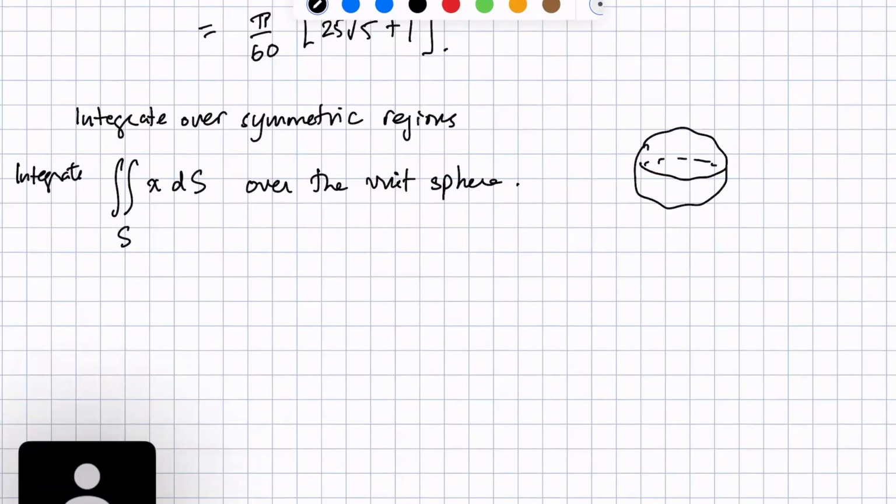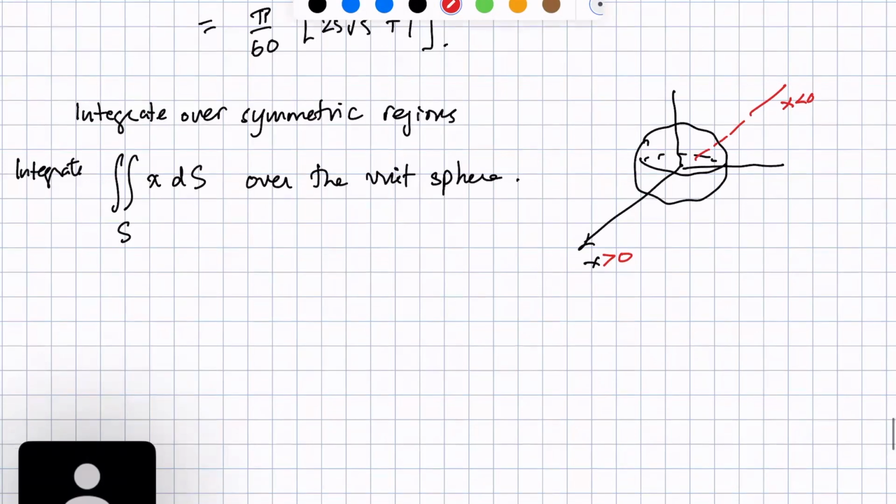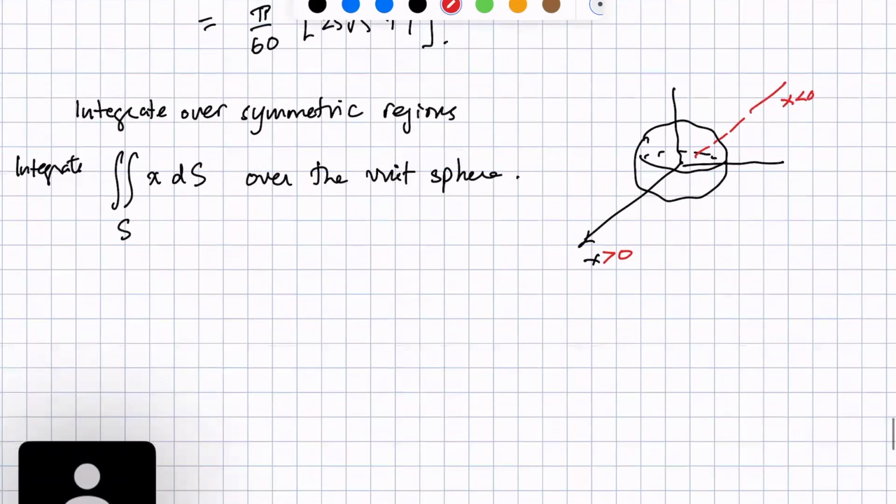And notice that in the unit sphere, x is positive half the time and negative half the time. So if you think about cutting the sphere into two pieces with a plane through the YZ coordinate plane, then half of the x is on one side and half of the x is on the other side, and they just happen to be opposite signs. So you would expect this object to be 0.